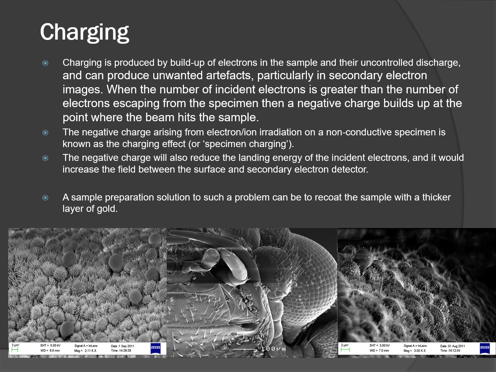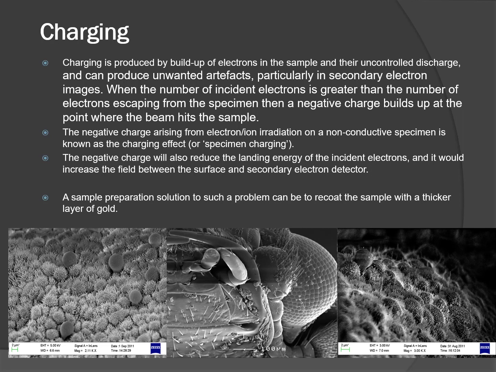The negative charge arising from electron irradiation on a non-conductor sample is known as the charging effect or specimen charging. The negative charge will also reduce the landing energy of the incident electrons, and it increases the field between the surface and the secondary electron detector.